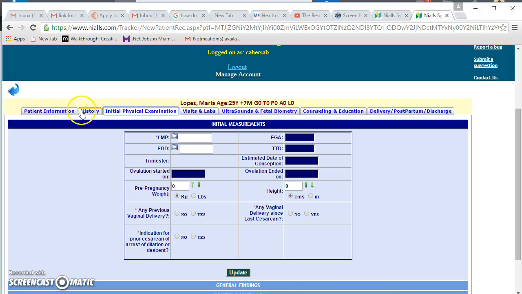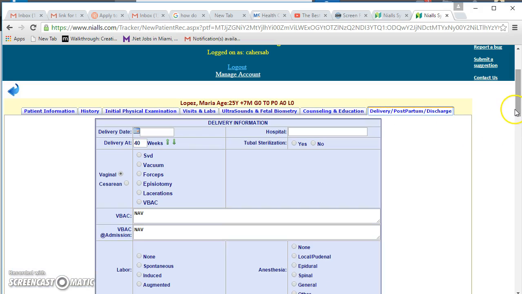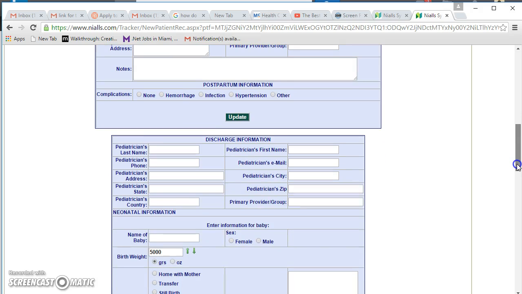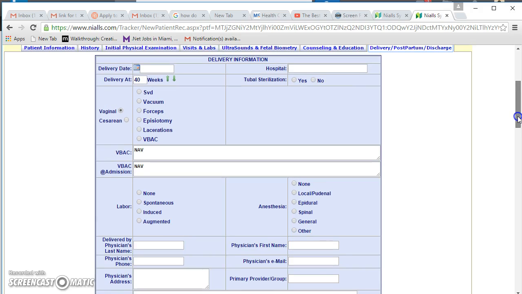And all these charts will be with the patient and the doctor throughout the history of the pregnancy, up to the delivery, and with recommendations for the pediatrician that will take care of the baby after the baby is born. You see here, the VBAC is calculated based on the nomogram that is used as a standard calculation.